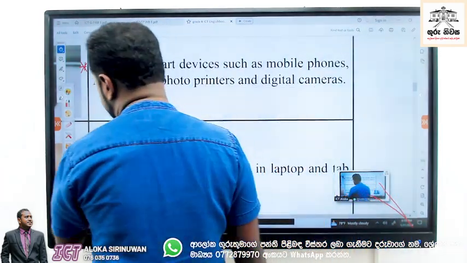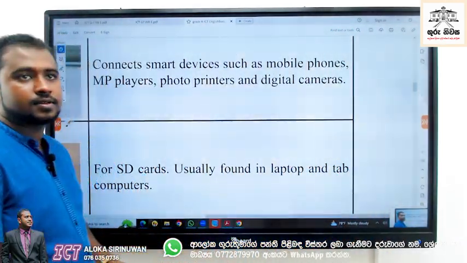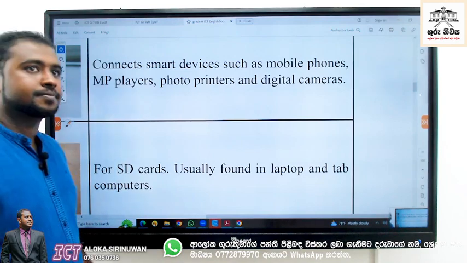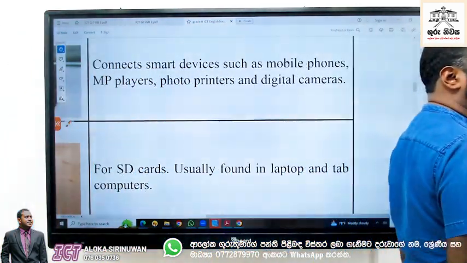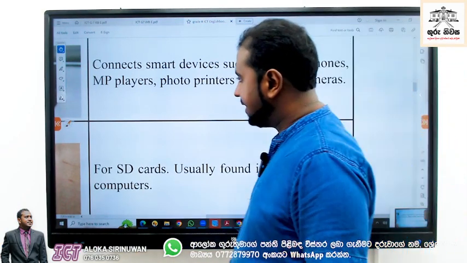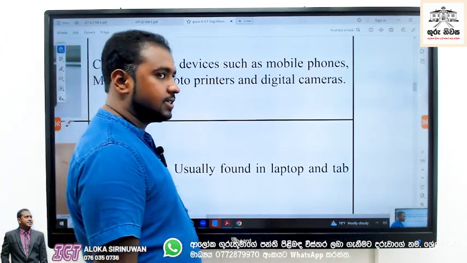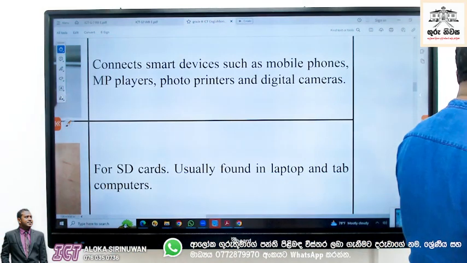Connect smart devices such as mobile phones, MP3 players, photo printers, and digital cameras.